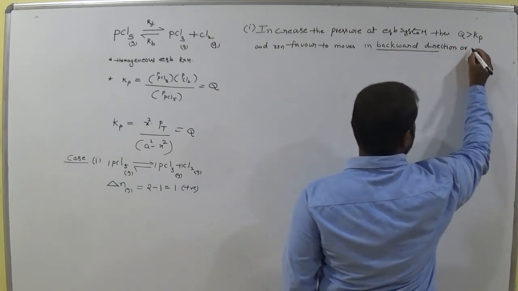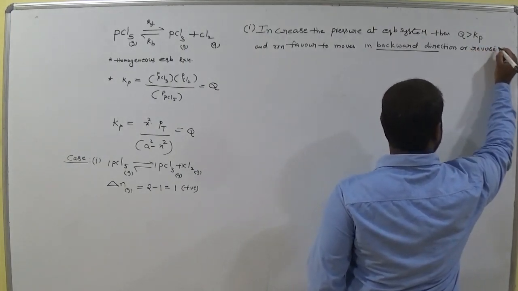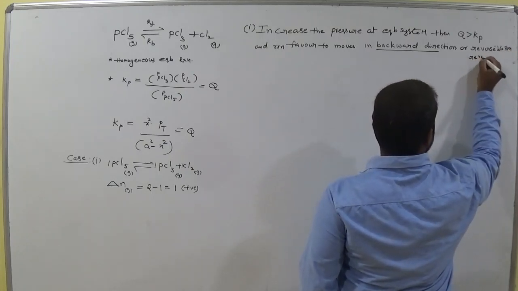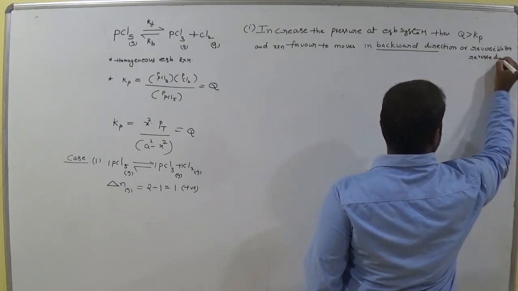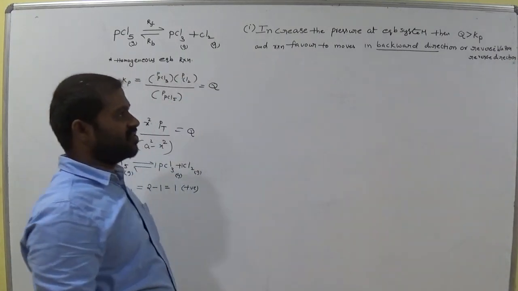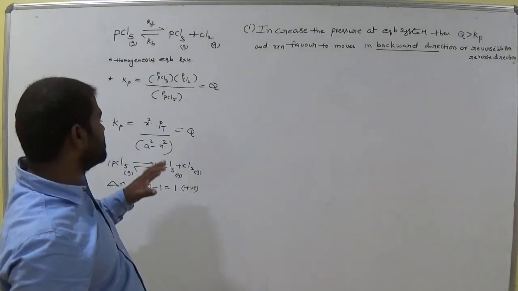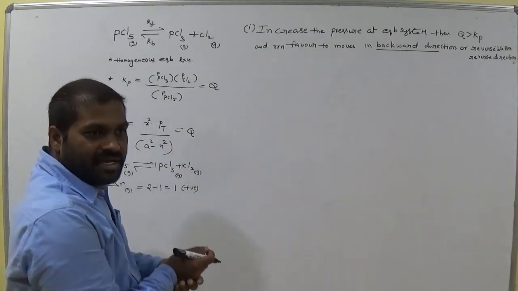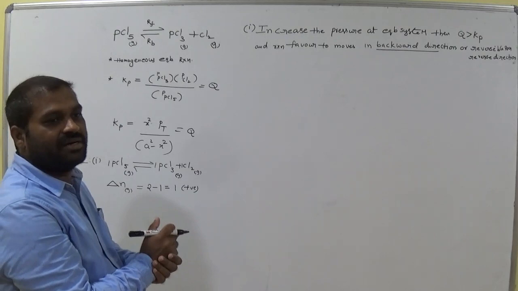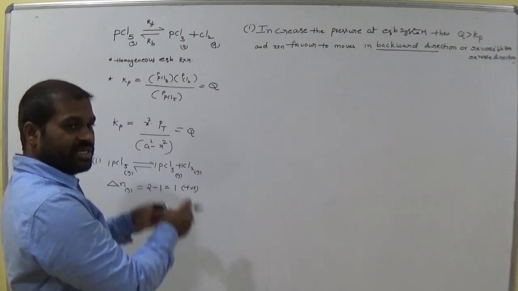Backward direction means which direction? Reverse reaction, or reverse direction. So where Q is greater than Kp, if we increase the pressure on the equilibrium system, now we add some pressure to this equilibrium, then what happens?